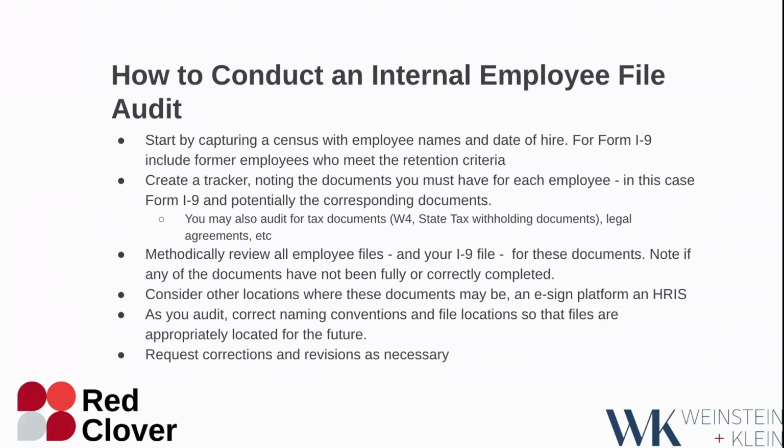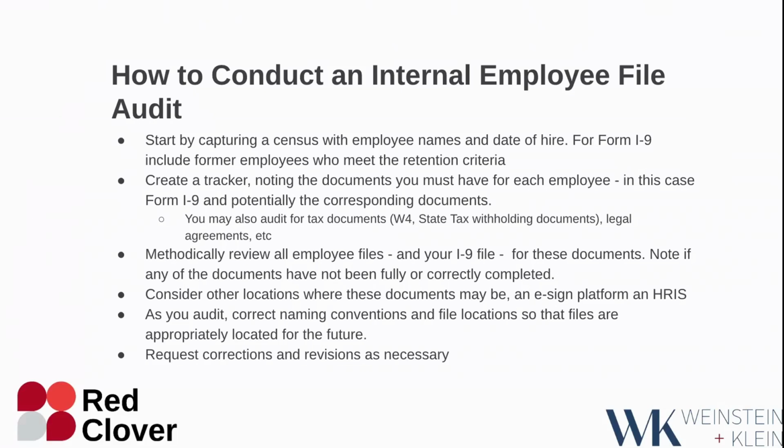And then I methodically review all places where employee files are kept. I always hope that there's going to be a dedicated I-9 file, but sometimes there isn't. So I'm looking through all of the employee files, the I-9 files, any HRIS system.